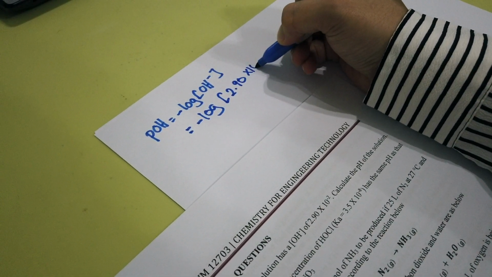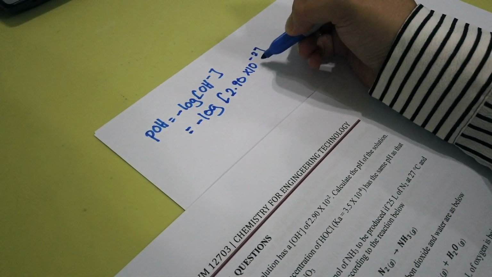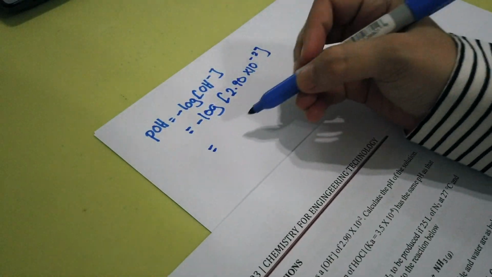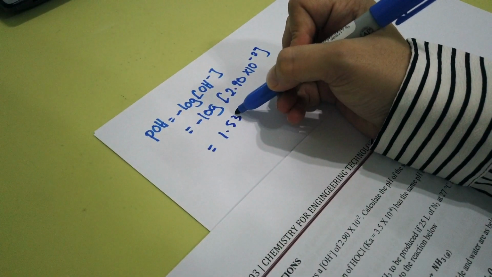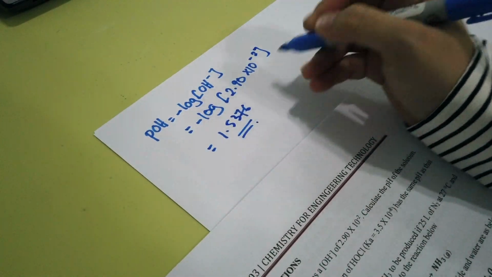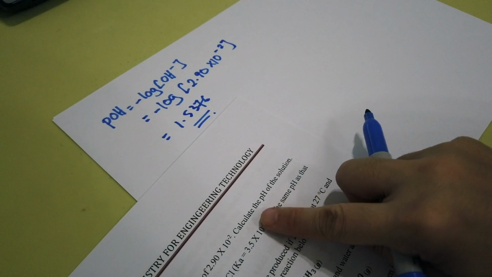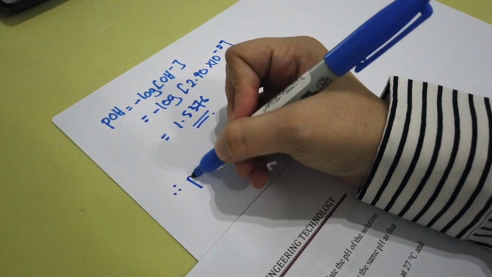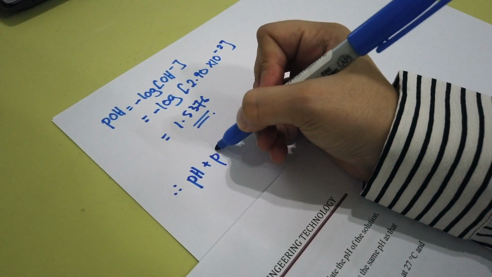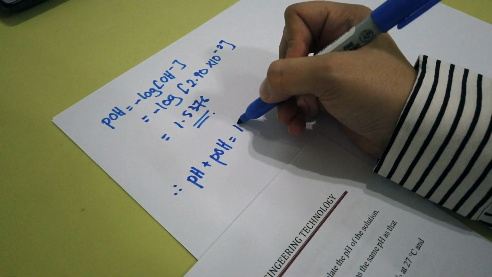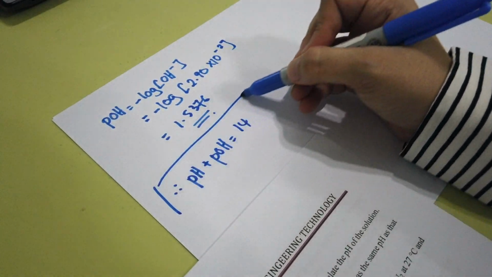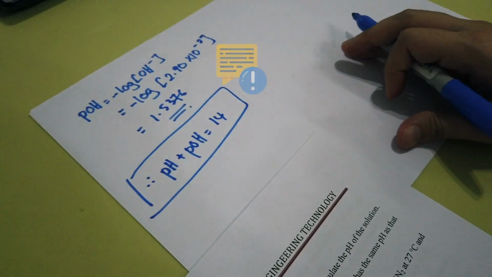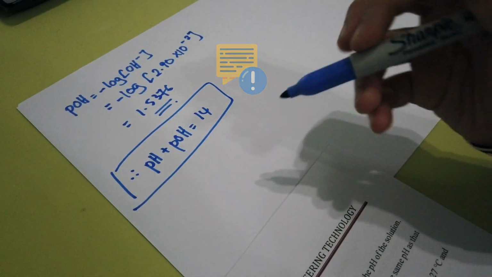2.90 times 10 to the power of negative 2. So you should get 1.5376. But in the question they ask you to calculate the pH of the solution. Therefore, pH plus pOH is equivalent to 14. This is a constant value that you should always remember.